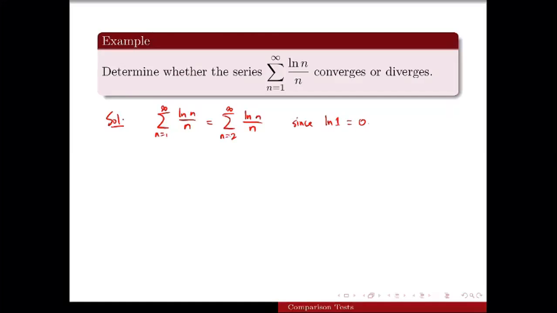So let's try to solve this. For all integer n greater than or equal to 3, ln n is greater than 1.